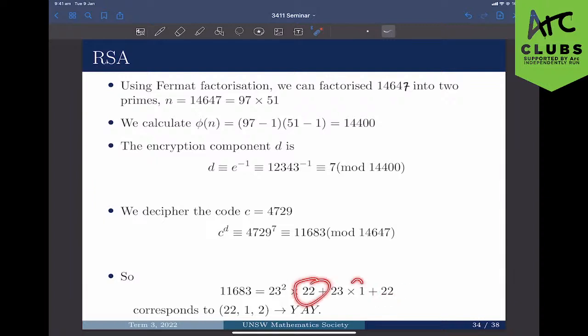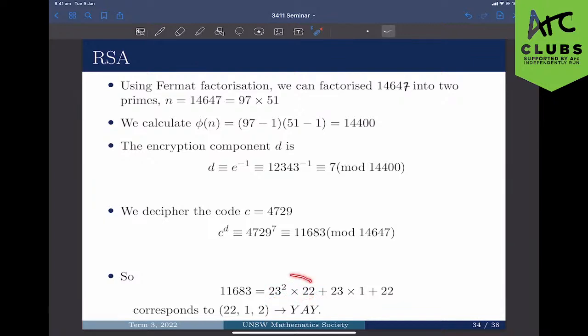So pretty much you first find A1 is 22 because you divide 11,683 by the biggest block here, which is 23 squared. And the biggest multiple of 23 squared we can fit is 22.